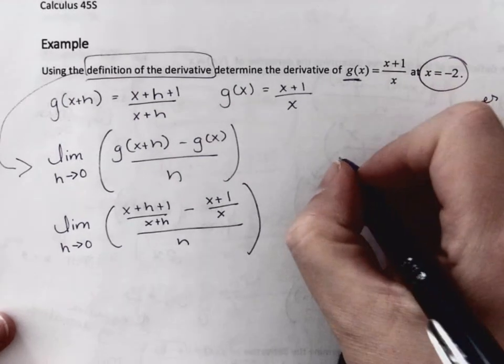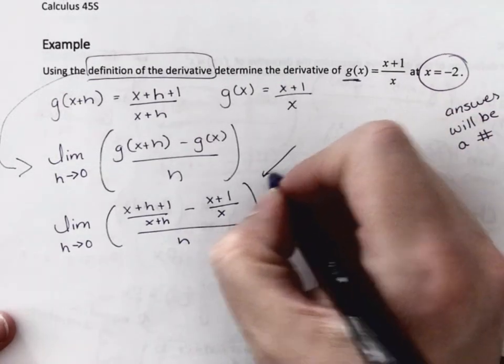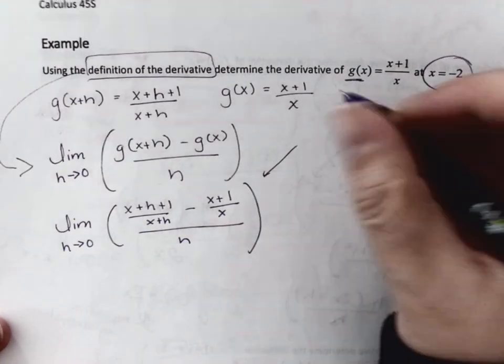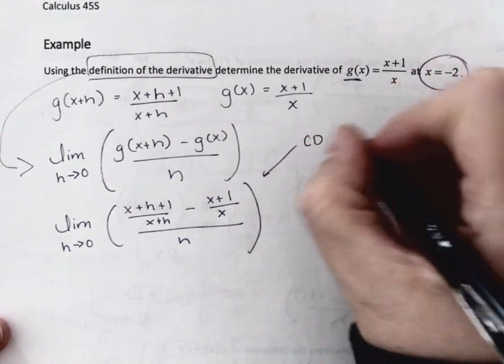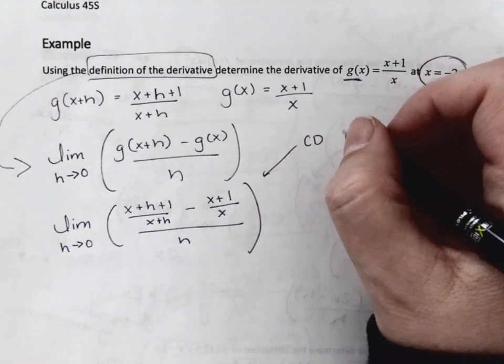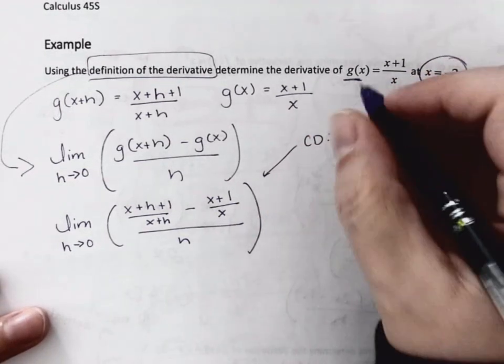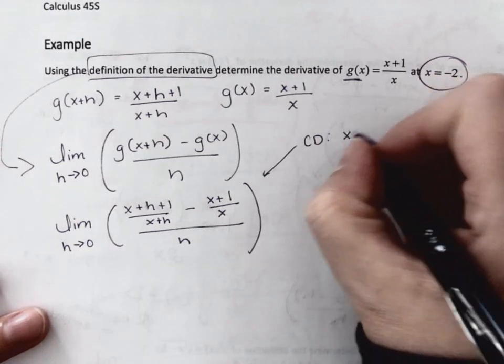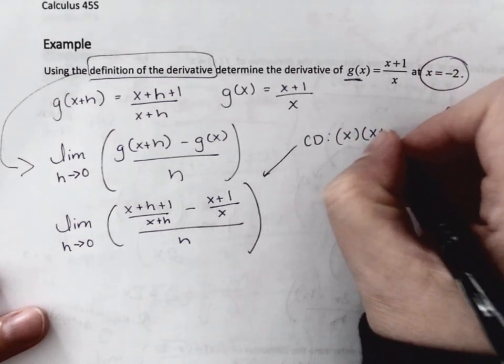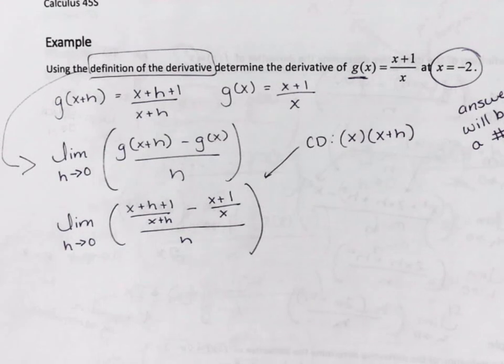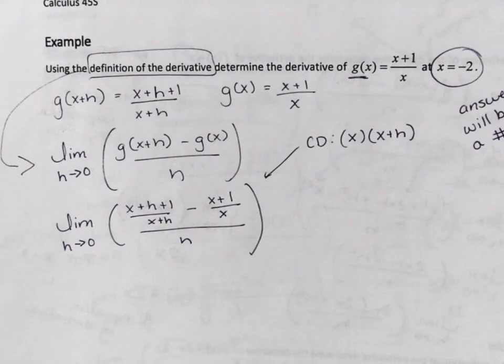So the strategy, I don't think I would do that, and the only reason why is because I want to look at what I need to multiply by. So my common denominator just for the numerator is going to be x times x plus h. Lots of people just try to multiply by h, but you can't multiply something and have it turn into an addition symbol.